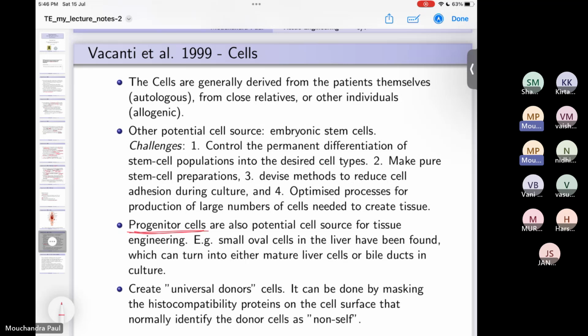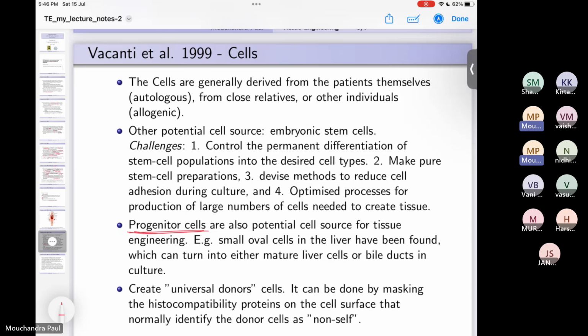Embryonic stem cells are multipotent. So if you give correct environmental conditions, they can differentiate into multiple cell types. But progenitor cells are unipotent. How progenitor cells are made, etc., we will discuss in detail when we talk about stem cells. So these are another potential cell source.